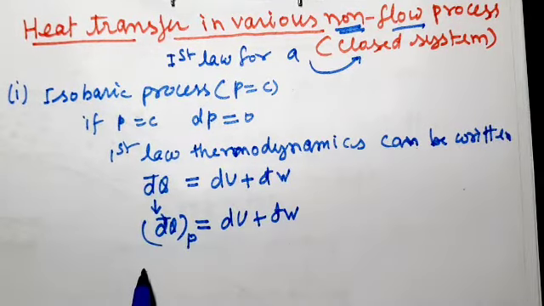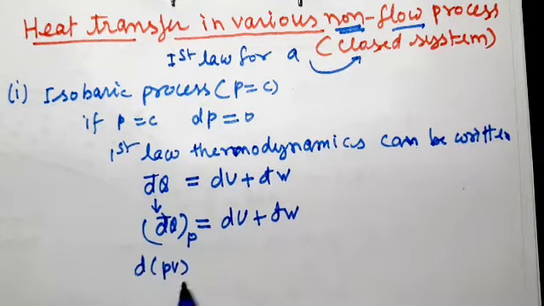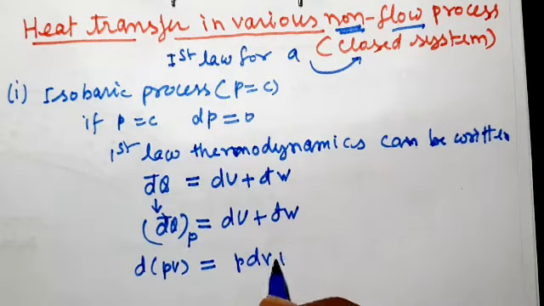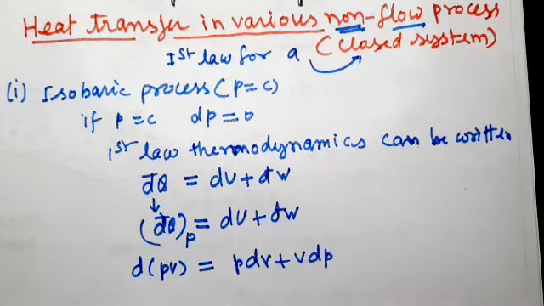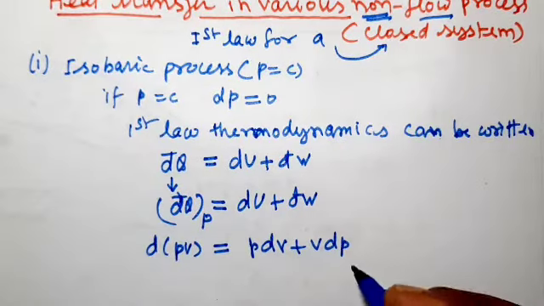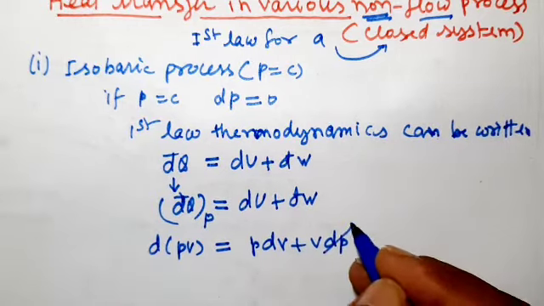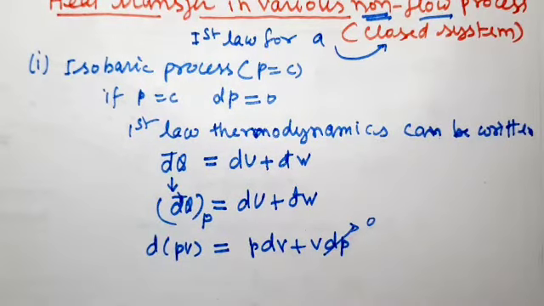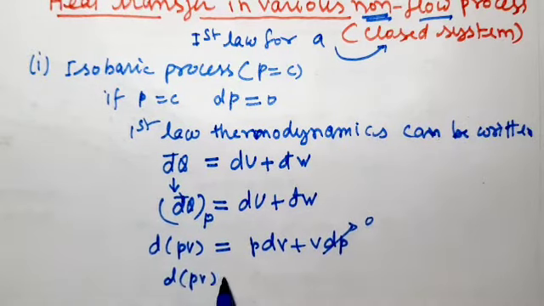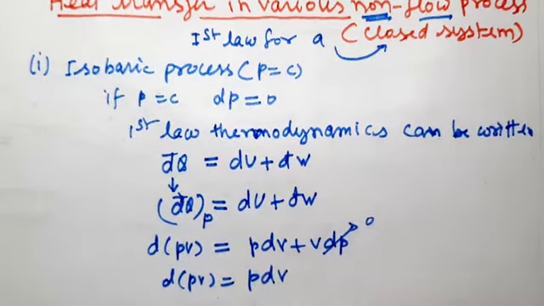Also we can say d(PV) is equal to P dV plus V dP. If the process is constant pressure, dP is equal to 0. In this case d(PV) is equal to P dV.